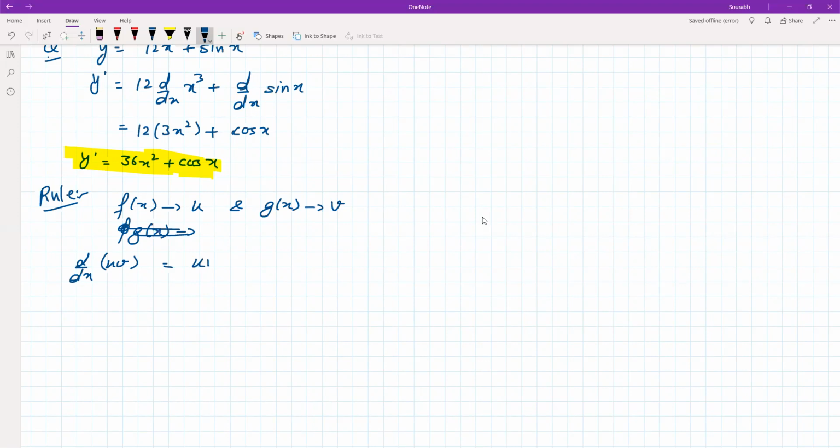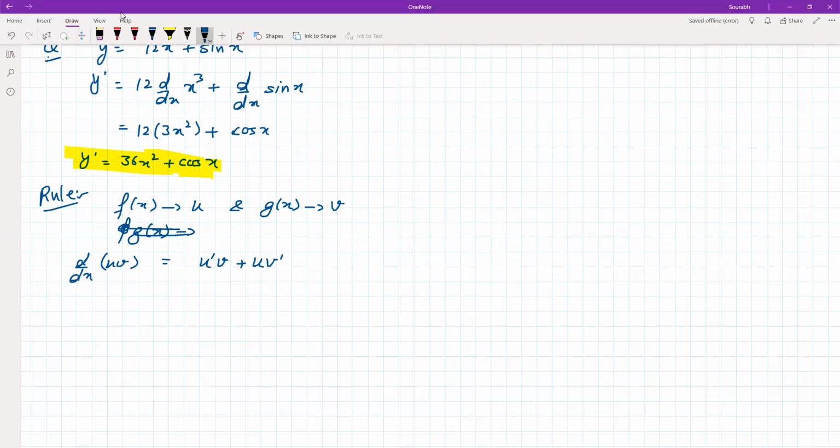We find first u dash. So in such cases, you first differentiate the first function, multiply it by the second function as it is, and add the first function into differentiation of the second function.